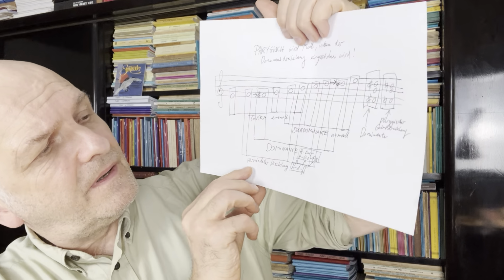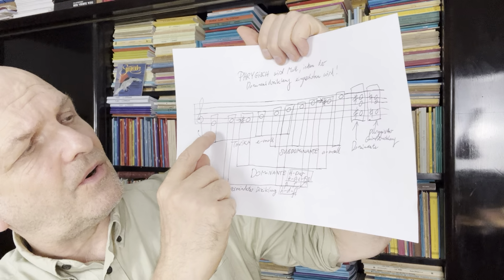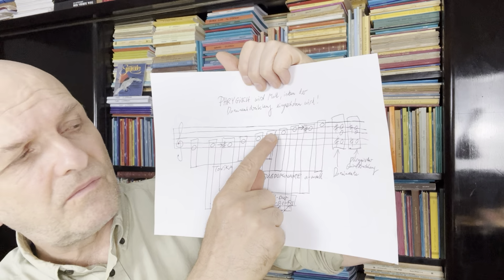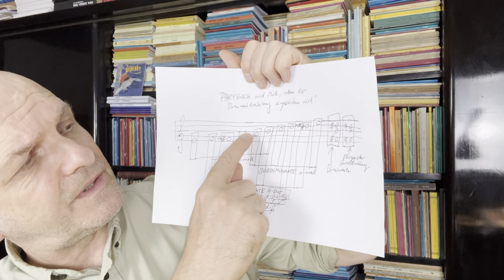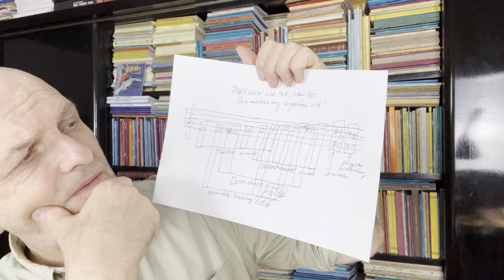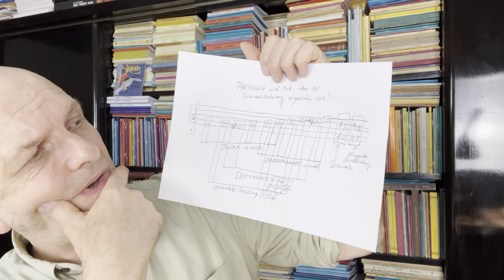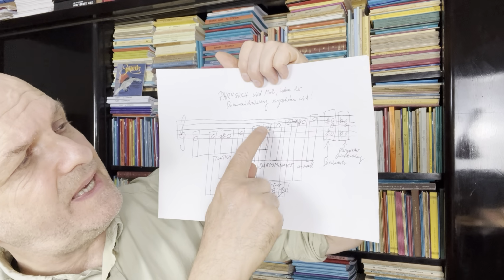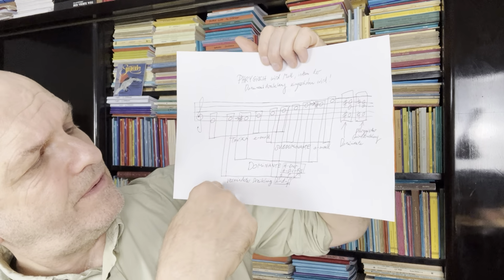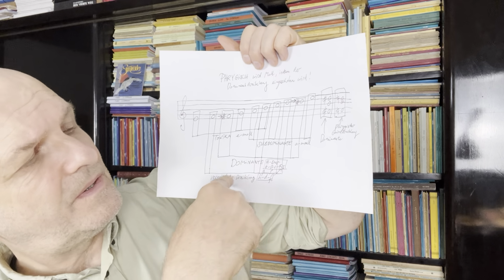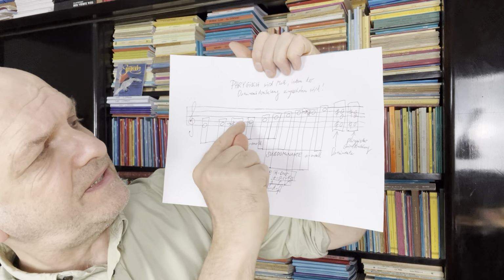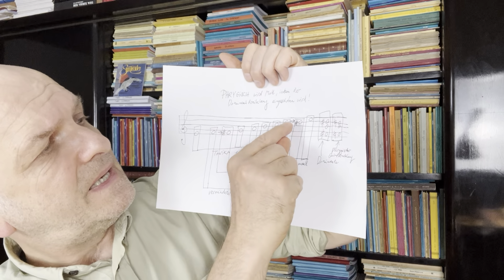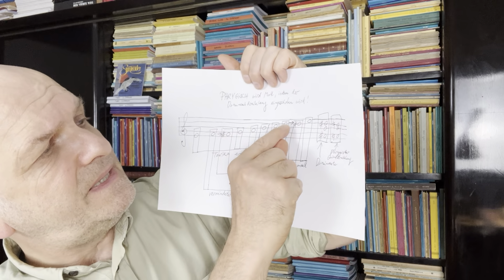Here we have the tonic minor chord, E, G, B. Very clear. The subdominant minor chord, A, C, E. And now we have either B, D, and F, the diminished chord, or altered B, D to D sharp and F to F sharp.